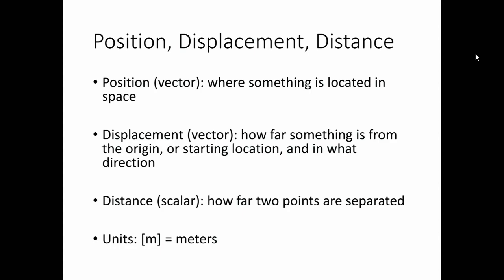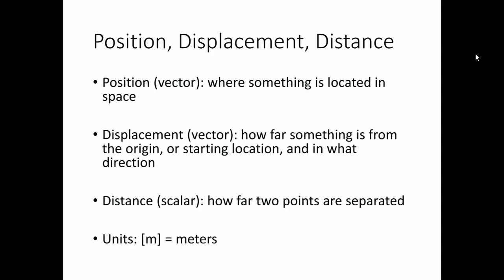And so in astronomy, we're going to be talking about the position of things a lot. We've already talked about how the position of the moon affects the phases of the moon. We've talked about distances between the Earth and the moon and the Earth and the sun that the Greeks were able to measure. And so these things are going to be very important going forward.